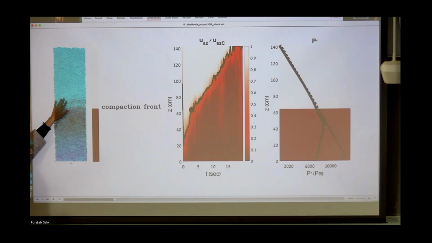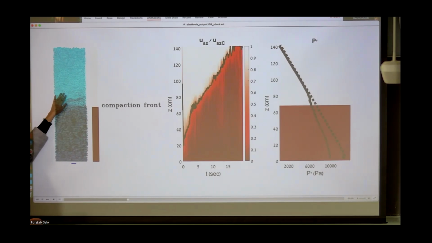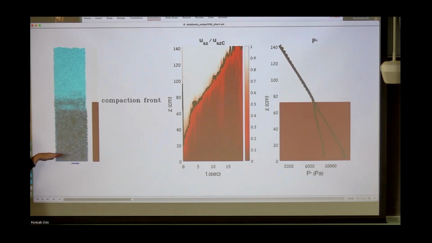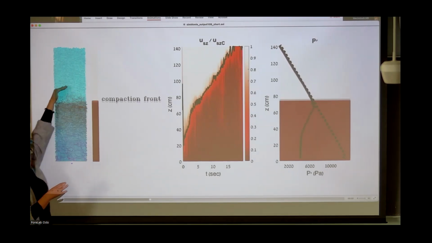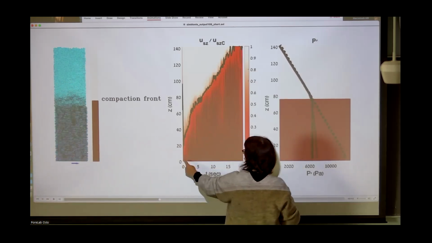The grains at the top are not moving horizontally because they're decoupled from the bottom. They're liquefied. They're just moving vertically. So with time, you'll see this compaction region, which is moving like a solid mass back and forth. It's going upwards.